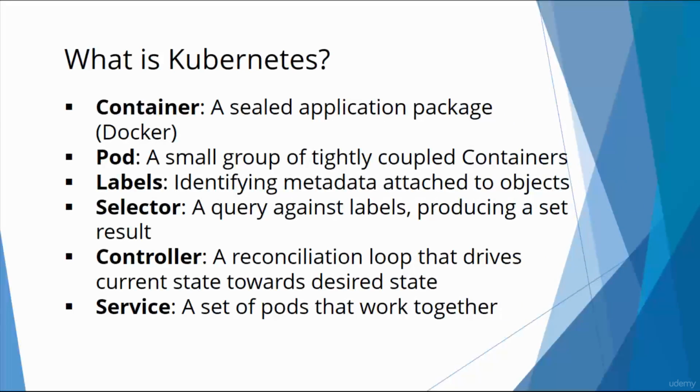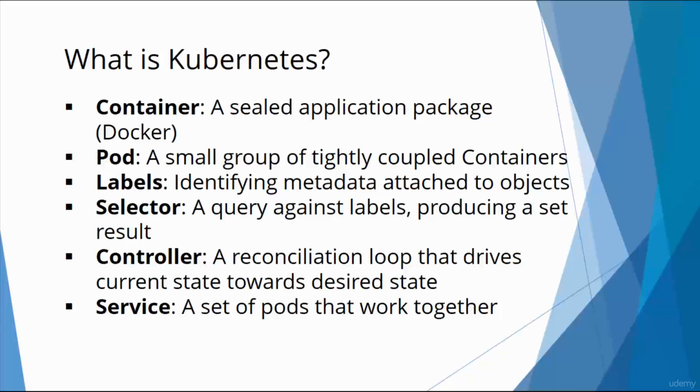So a few words on terminology that Kubernetes uses, and we'll be working with these terms within this course. A container, again, is a sealed application package, and I demonstrated earlier how to download and install Docker, and how to create containers and images. A pod is simply a small group of tightly coupled containers.